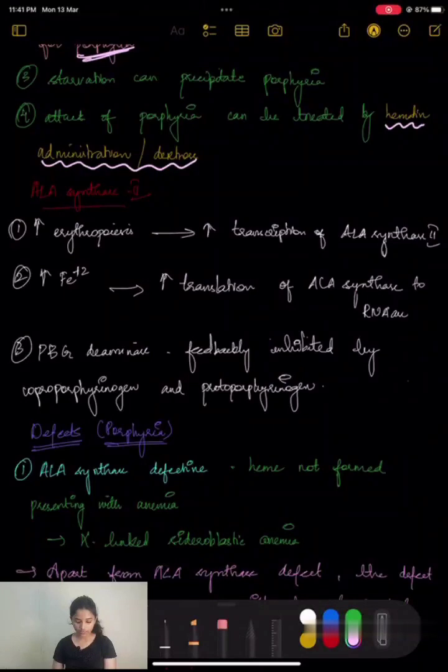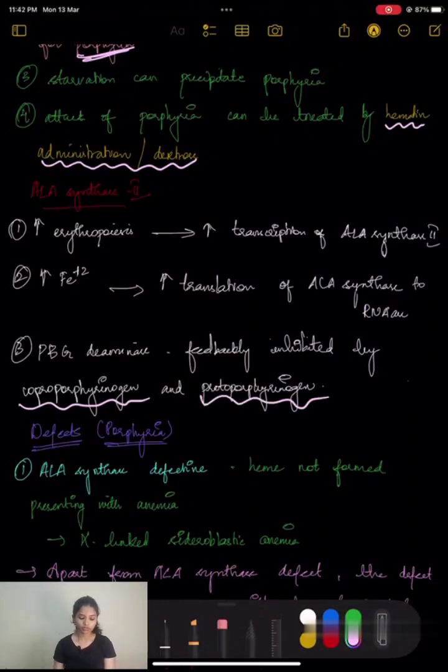Whenever there is an increased rate of erythropoiesis, there will automatically be increased transcription of ALA synthase 2. And whenever there is availability of iron, there will be increased translation of the ALA synthase 2 mRNA. And this PBG deaminase is feedback inhibited by CPG and protoporphyrinogen.